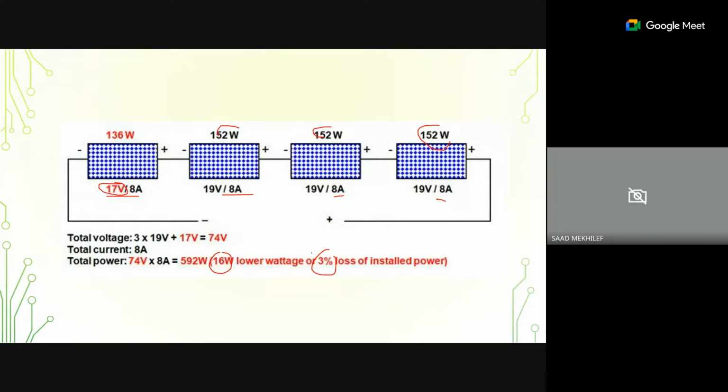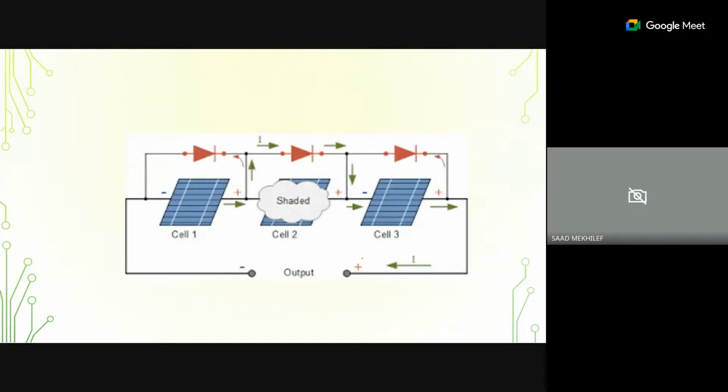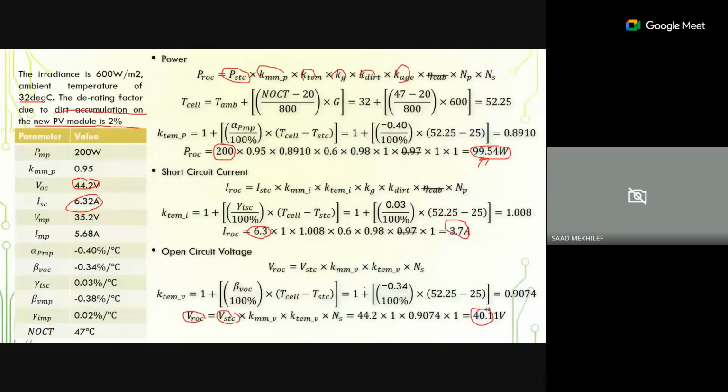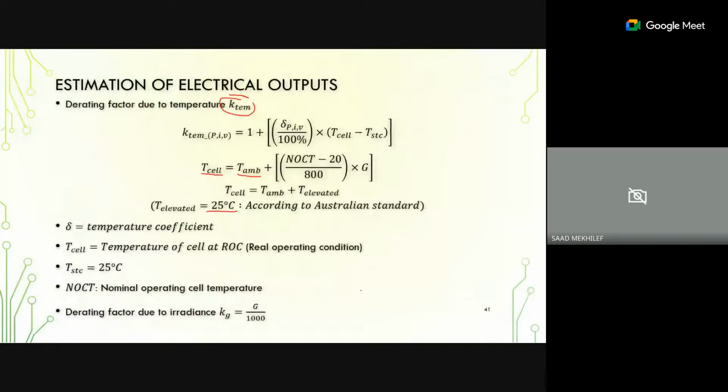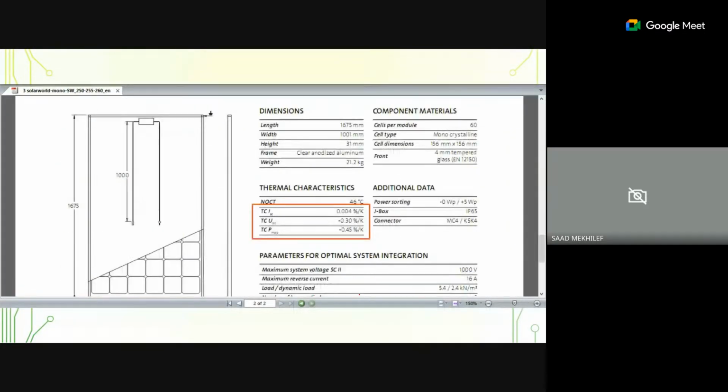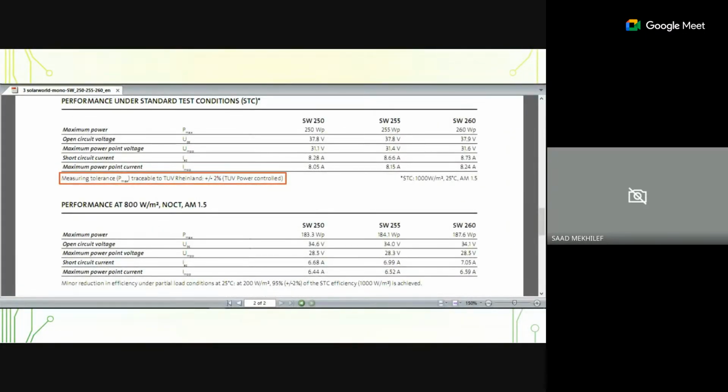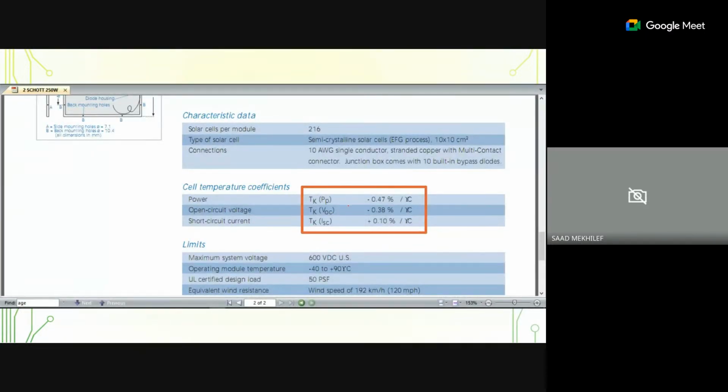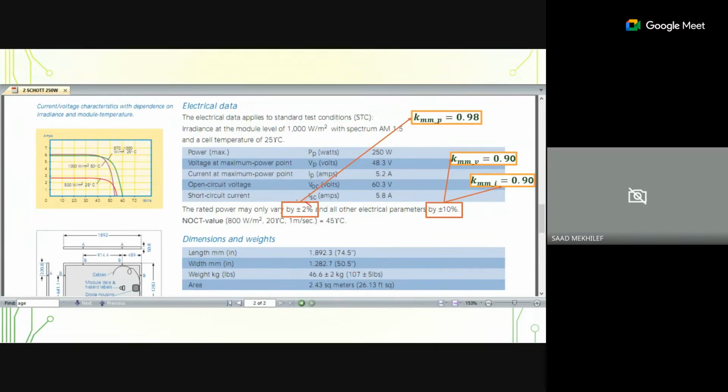I think there is one slide I show you here. There is always a percentage. You see, plus minus 2%. The manufacturer always protects themselves with this plus minus 2%.